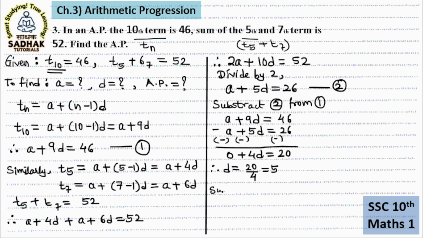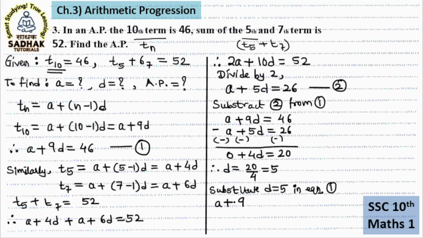Now substitute d is equal to 5 in equation 1. So equation 1 is A plus 9d is equal to 46. So A will be as it is.